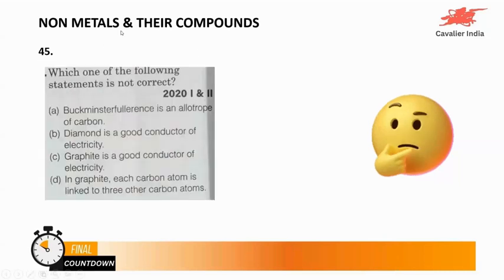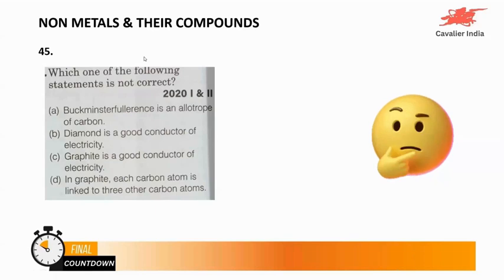Next question. Which one of the following statements is not correct? Buckminsterfullerene is an allotrope of carbon. Diamond is a good conductor of electricity. Graphite is a good conductor of electricity. In graphite, each carbon is linked to three other carbon atoms. Which is the right option? Diamond is a good conductor.